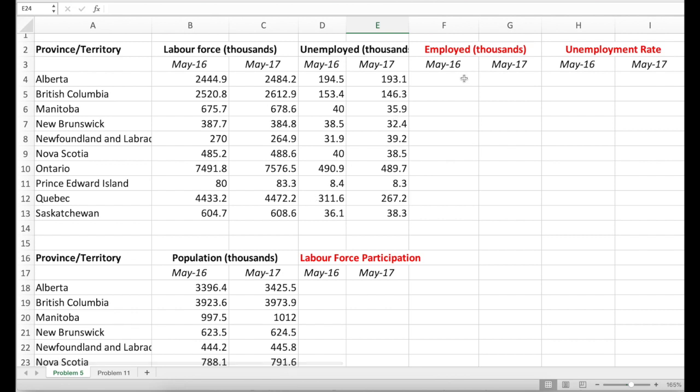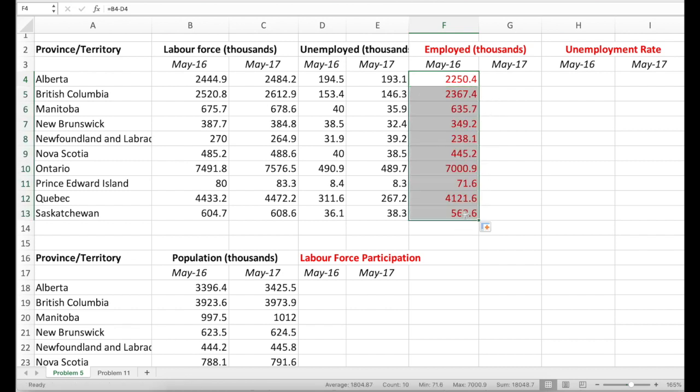So in order to get the employed people, what we need is just the difference between the labor force and unemployed people. Remember, people in the labor force are the employed plus unemployed people. So for May 2016, I have the people in the labor force in Alberta minus people unemployed in Alberta. This is how many people, in thousands, are employed in that province.